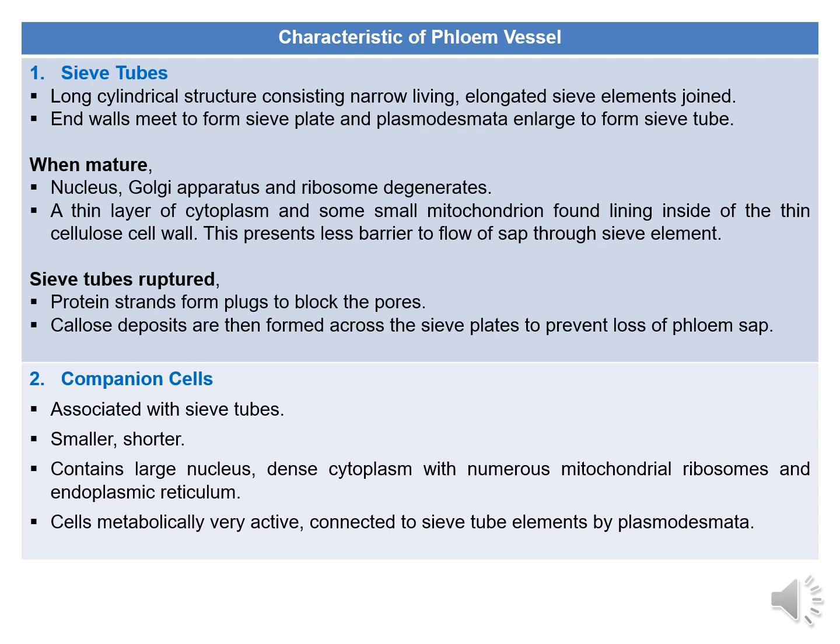They need to be metabolically very active and connected to the sieve tube by plasmodesmata because companion cells are located between the source cell and the phloem vessel, or the sieve tube.